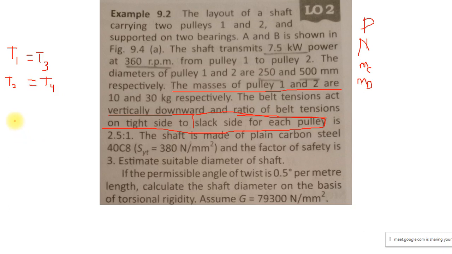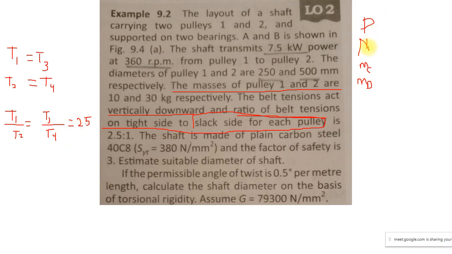The ratio is T1 by T2, equal to T3 by T4, equal to 2.5. This is the other data.